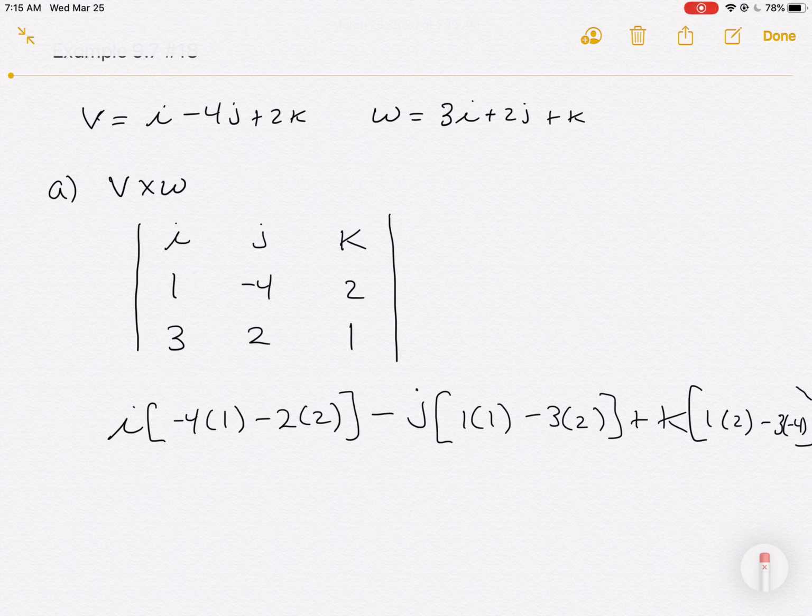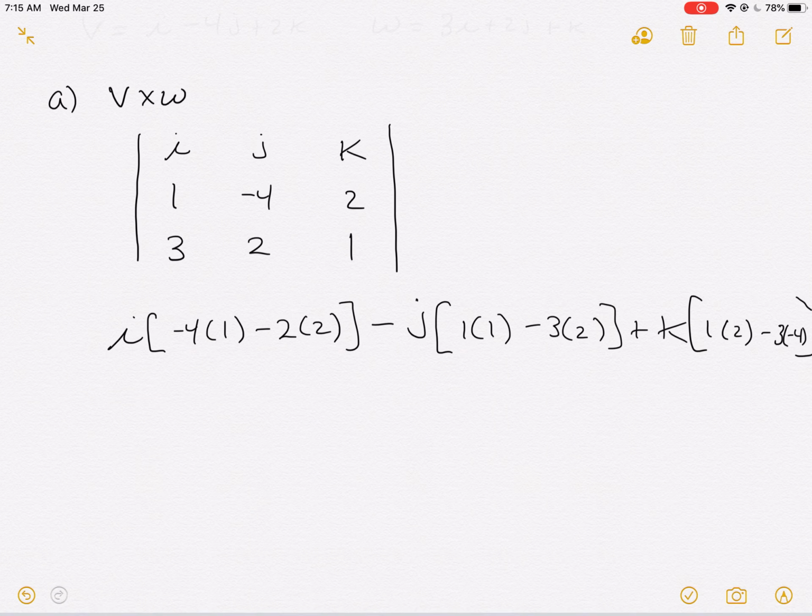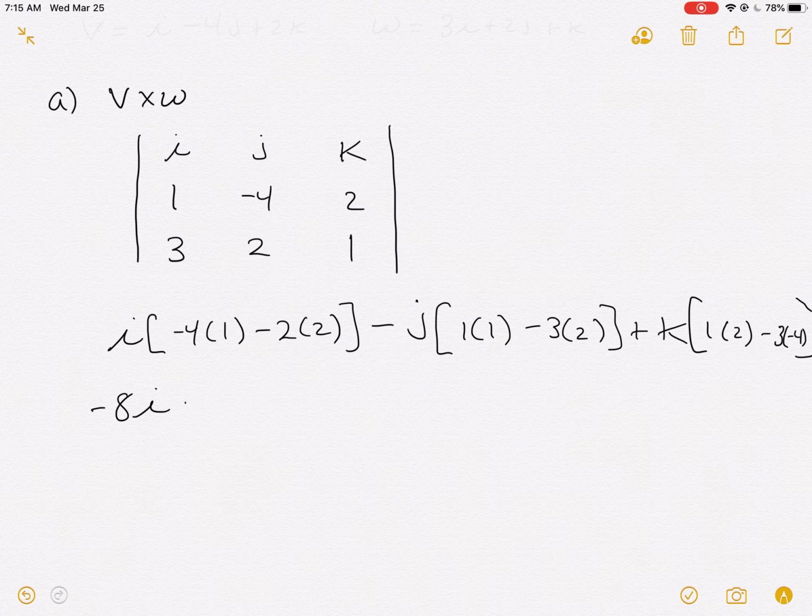I don't know if you can see that very well, but 1 times 2 minus 3 times negative 4. And so we just figure out our i's. If we look at the first one, we have negative 4 minus 4, so that's negative 8i. If we go to the second one, we have 1 minus 6, so 1 minus 6 is negative 5.